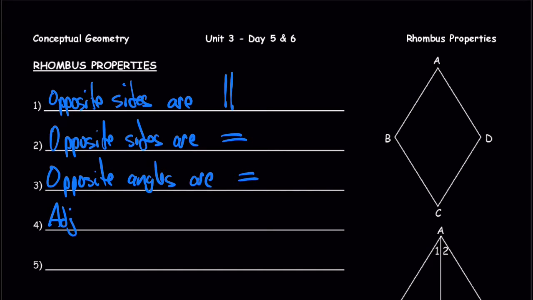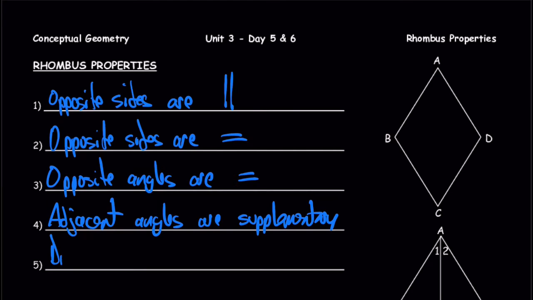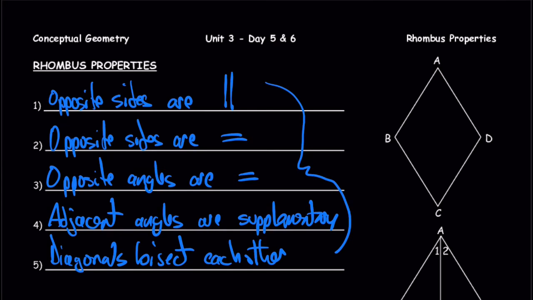Four, adjacent angles are supplementary, so they add to 180. And five, the diagonals bisect each other. Now that should all look familiar to you guys because those are the properties of a parallelogram.